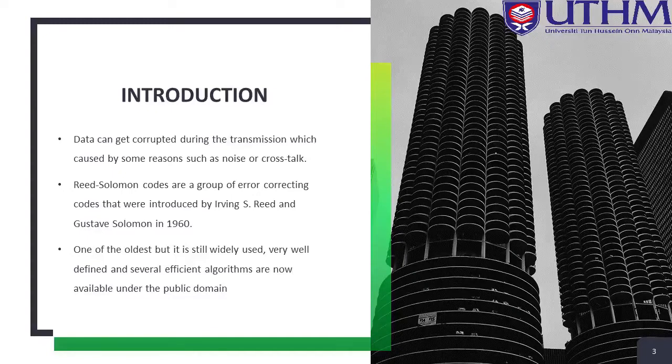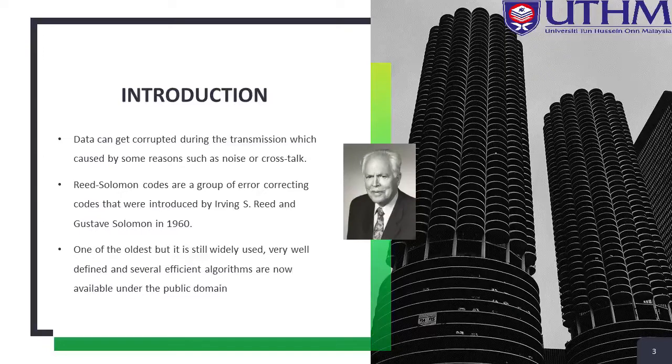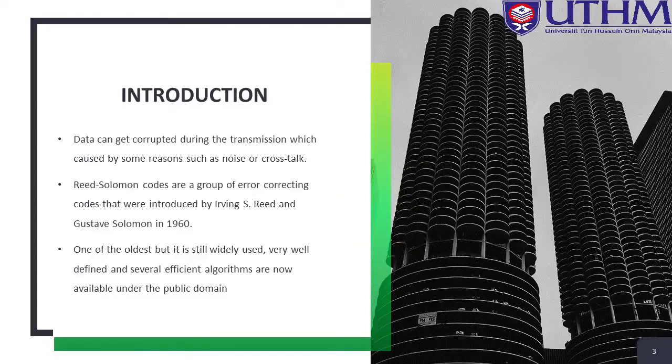Reed-Solomon codes are a group of error correcting codes introduced by Irving S. Reed and Gustave Solomon in 1960. It is one of the oldest, but it is still widely used because of the very well-defined and several efficient algorithms which are now available in the public domain.